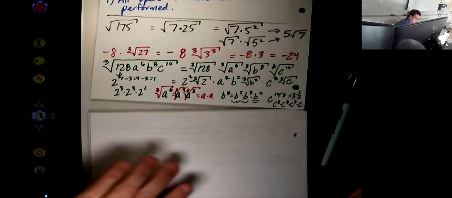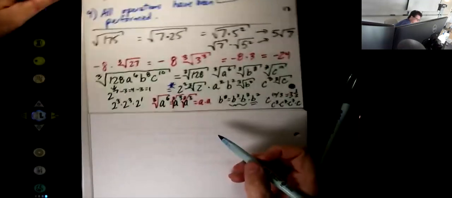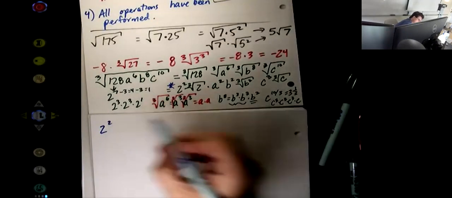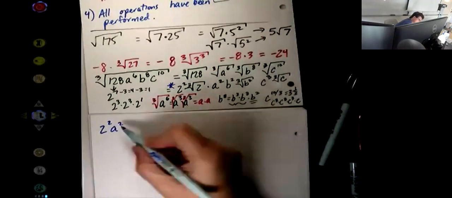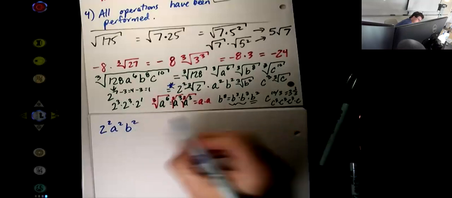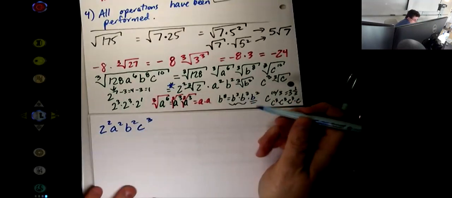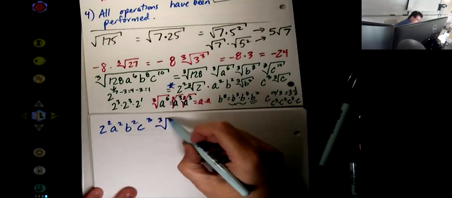If we were looking at this right here, let's put everything that doesn't have a radical in the front. I've got 2 squared. I've got a squared. I've got b squared. I've got c cubed. And then I have a bunch of cube roots left.